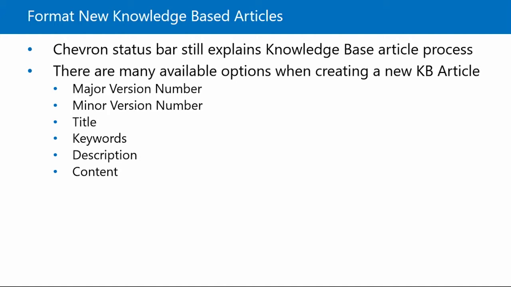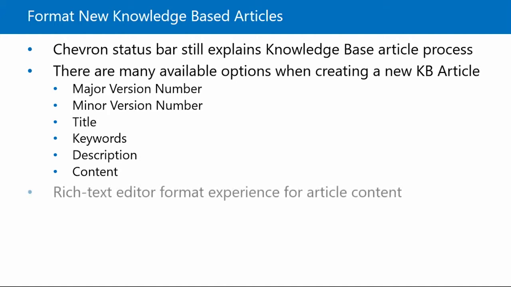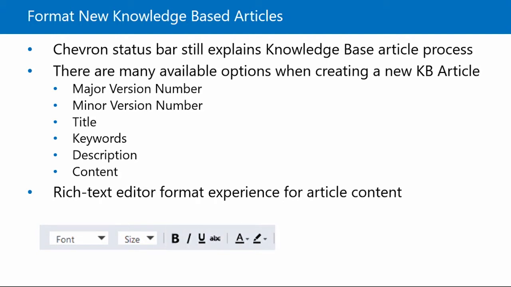The content section for the new knowledge-based article features a rich text editor format experience, which provides users with the ability to edit font, add tables, and even incorporate graphics directly into the article editor. Some of the great features available include the ability to format the font type, adjust the font size for each word, and edit the style.